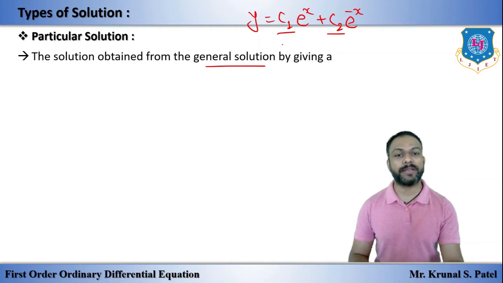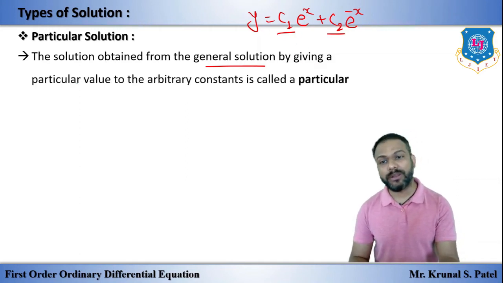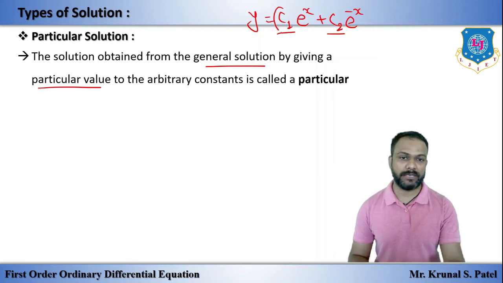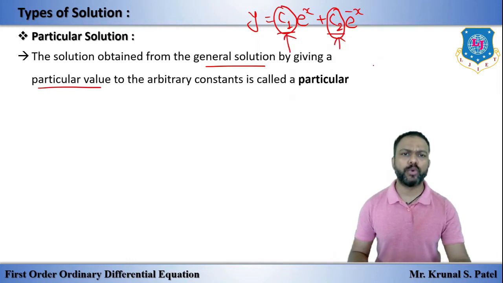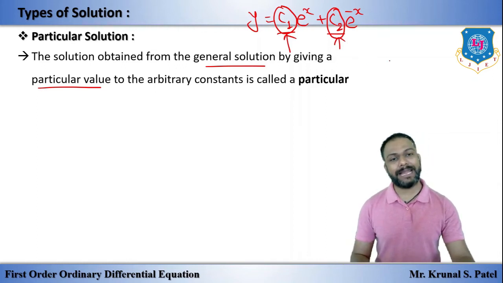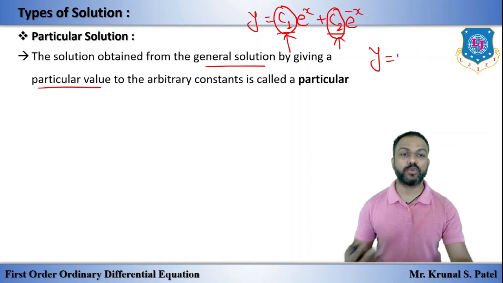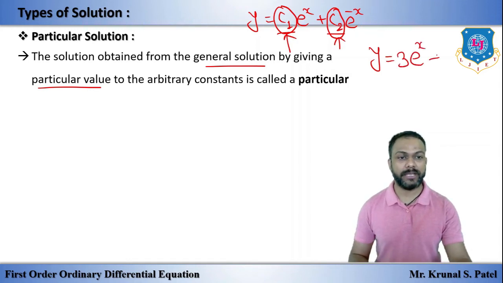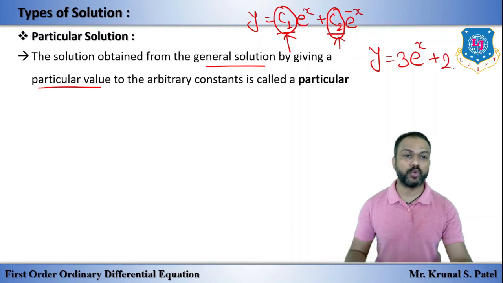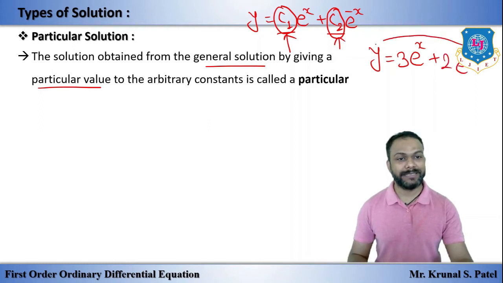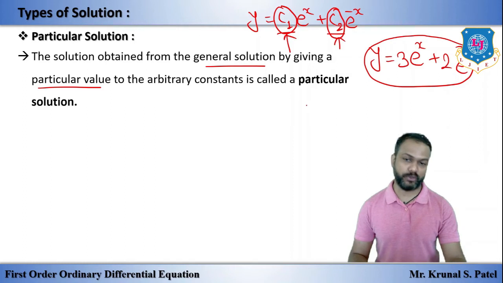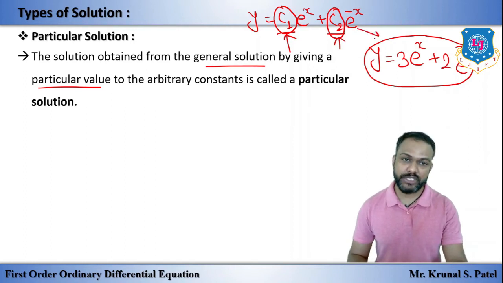The solution obtained from the general solution by giving particular values to the arbitrary constants, that means 2, or minus 2, or 1 by 2, any particular value, becomes a particular solution. For example, if c1 is equal to 3 and c2 is given as 2, so 2 e raised to minus x, then this solution becomes a particular solution obtained from the general solution.